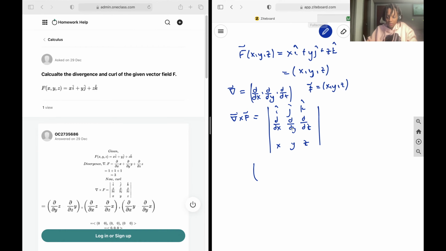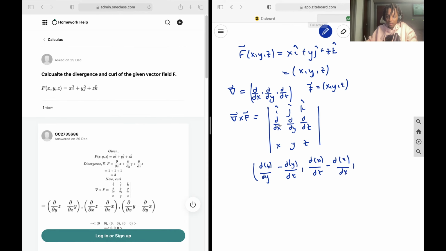So for our i component, we're going to have the derivative of z with respect to y minus the derivative of y with respect to z, comma, for the j component, it's the negative, so it's going to be the derivative of x with respect to z minus the derivative of z with respect to x.